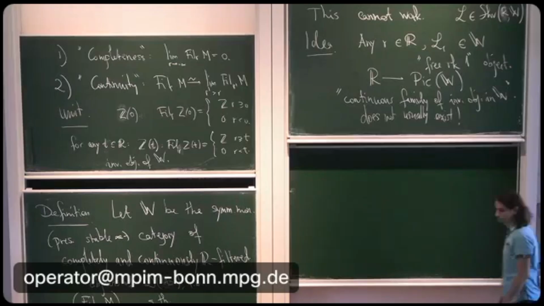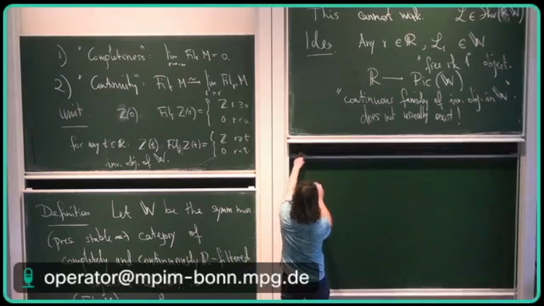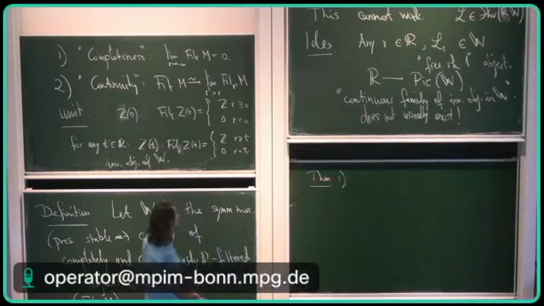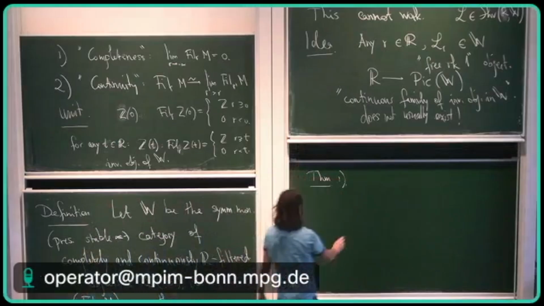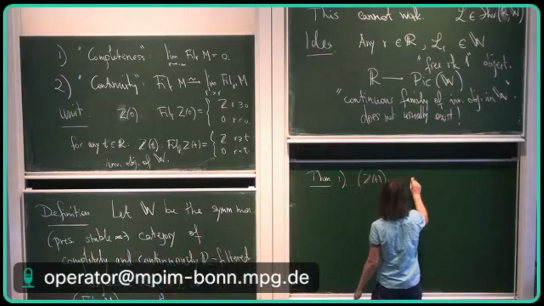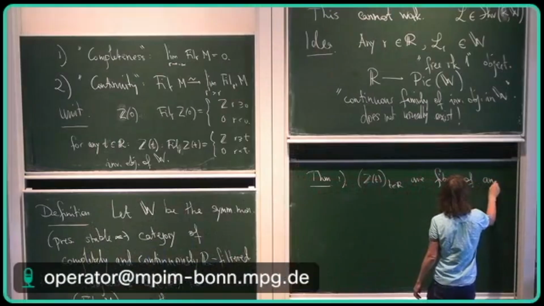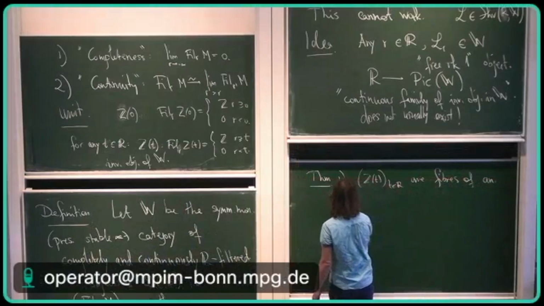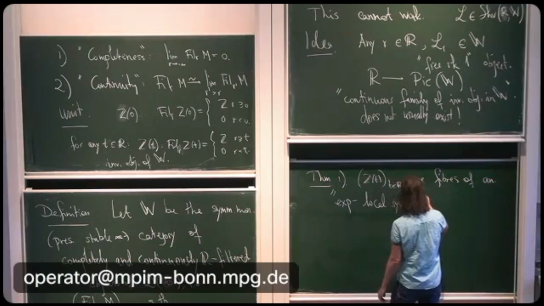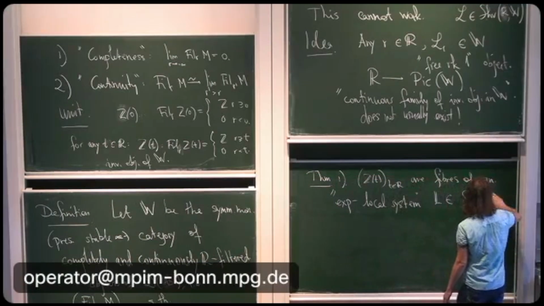Let me just end with a theorem summarizing the main properties. The Z(T) are the fibers of an exponential local system L on the real numbers.